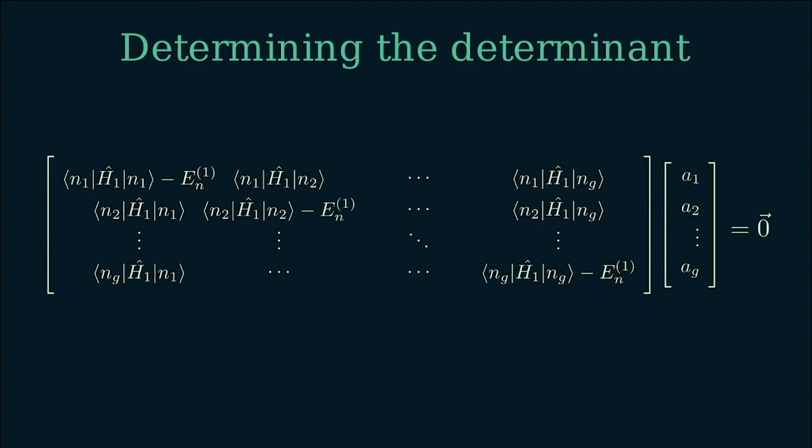Now, if we want non-trivial solutions, then we must require that this matrix is not invertible. The linear algebraic way of saying that a matrix is non-invertible is to say that its determinant must be 0, which is exactly the constraint that we'll put on this matrix.